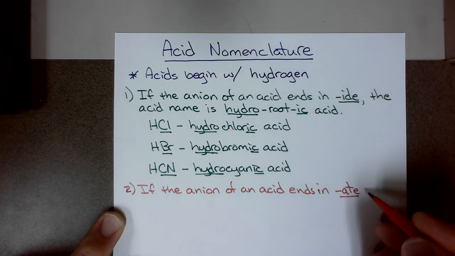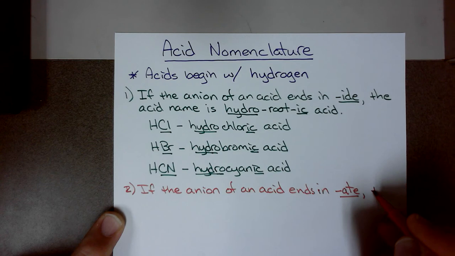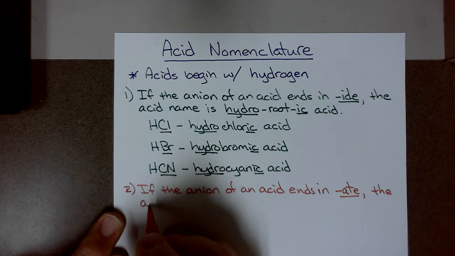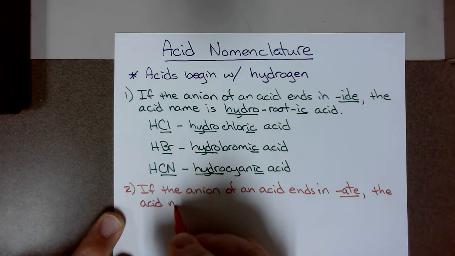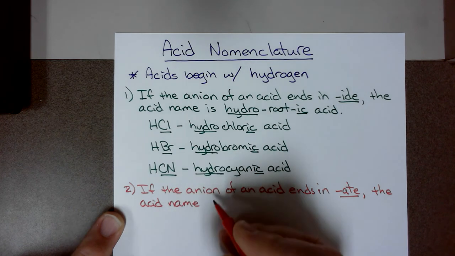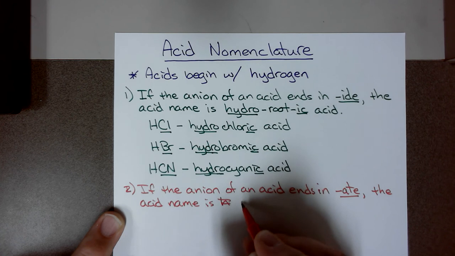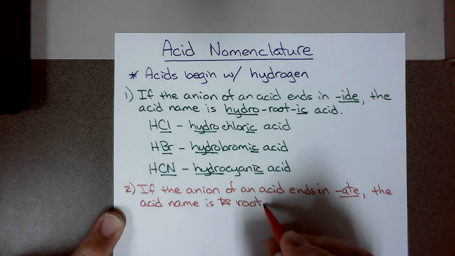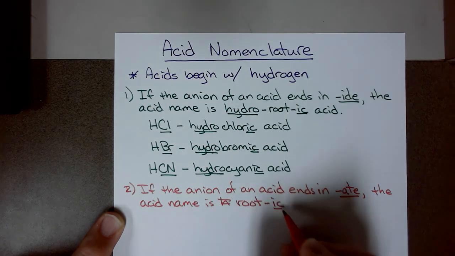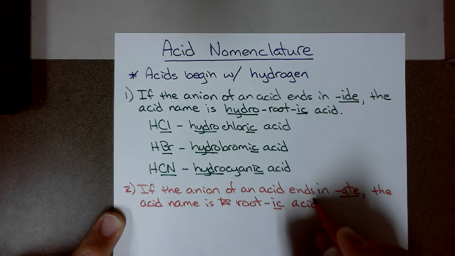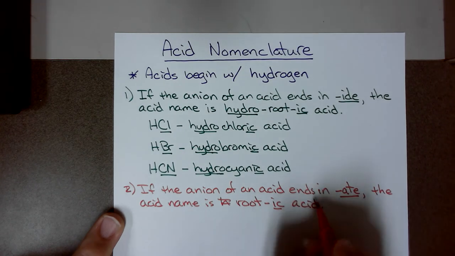If it ends in ate, the acid name is the root word of the anion, ic, acid. So ate goes to ic, ate to ic acids.